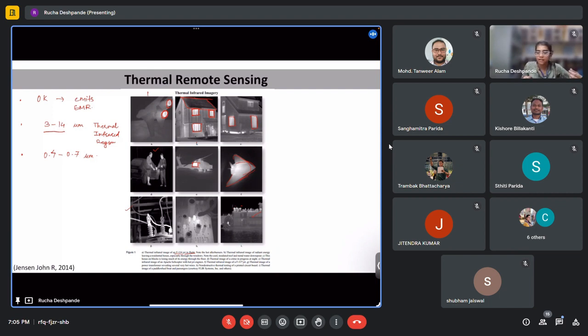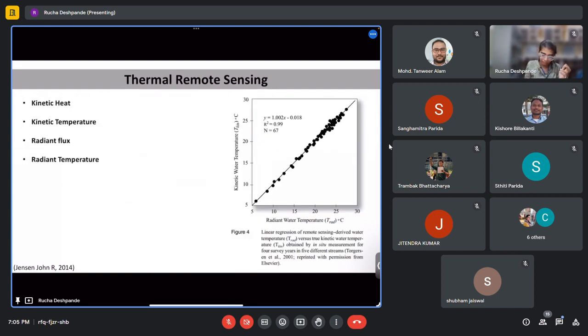It has applications in the medical field and also in the military. It has several applications. So we'll see the basic principles of thermal infrared remote sensing, look at some physical laws, and then try to solve some numericals.